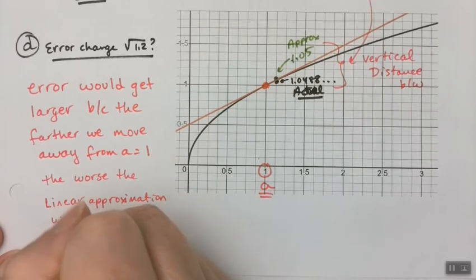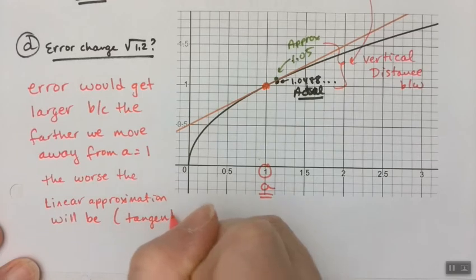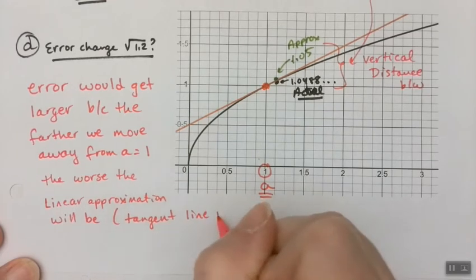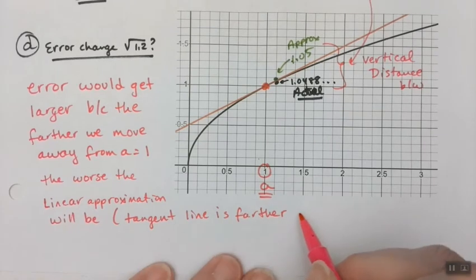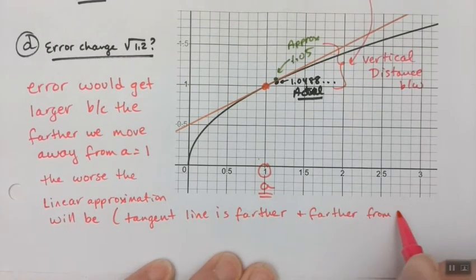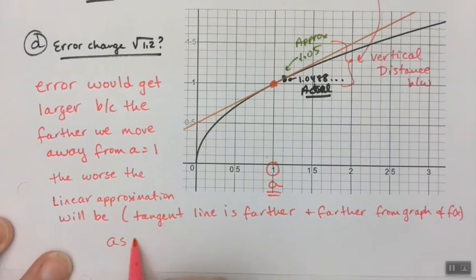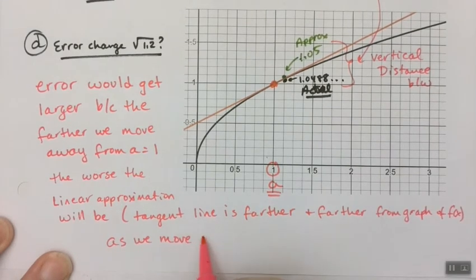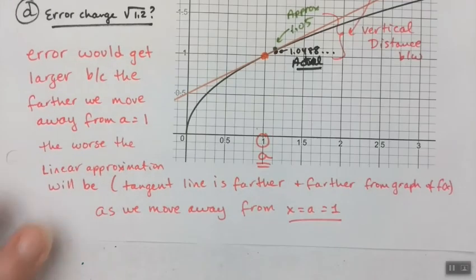Right? In other words, the tangent line pulls away from the graph, is farther and farther from the graph as we move away from x equals a. Which in our case was 1.